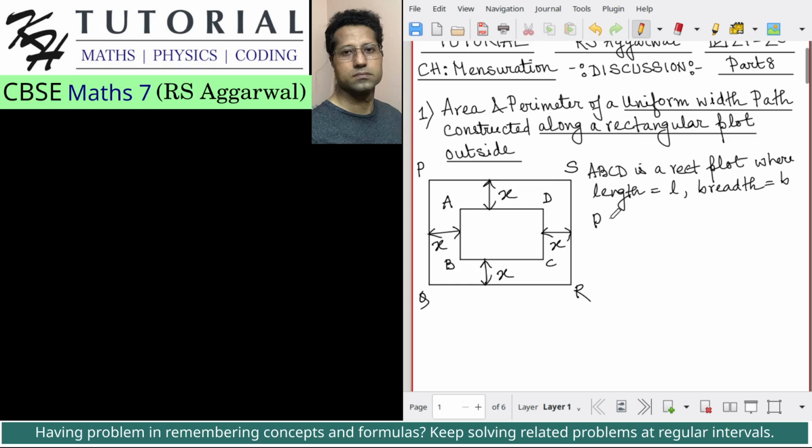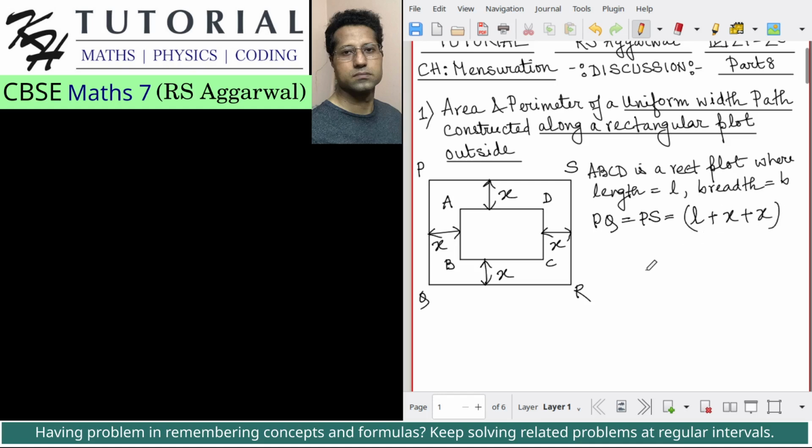PS, the length of the outer boundary of the path, will be equal to AD, which is the length of the rectangular plot, plus x on the right hand side plus x on the left hand side.